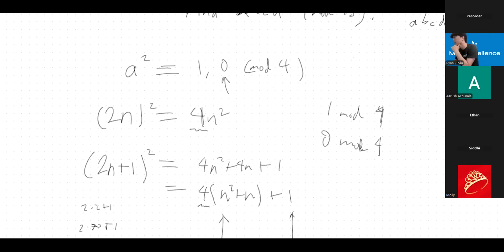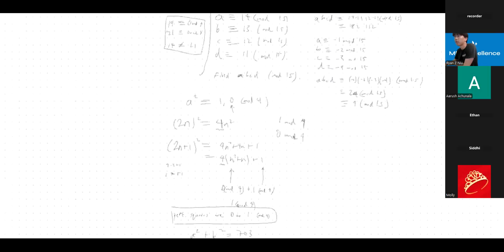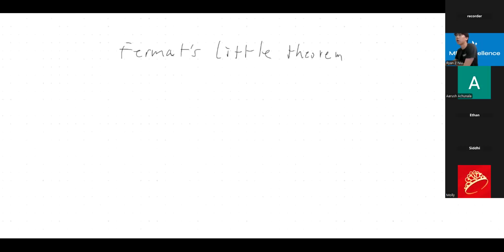Okay. Well, I don't see any questions, so now I'm going to go over that formula I was talking about. I believe this is called Fermat's Little Theorem. It's really helpful for finding remainders for very big powers and exponents.